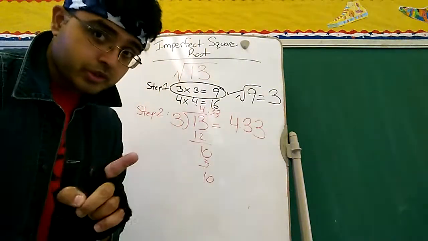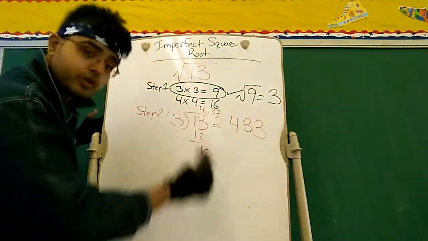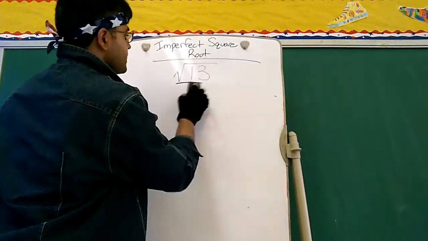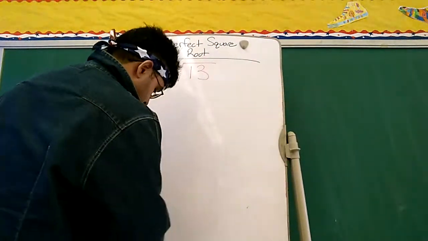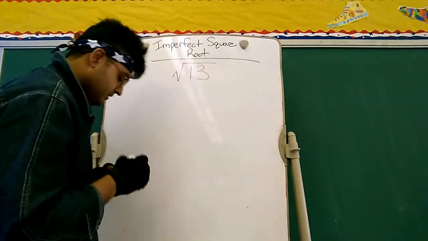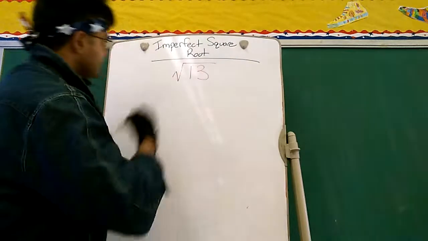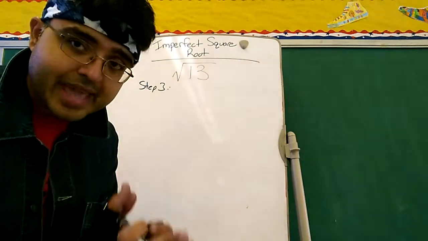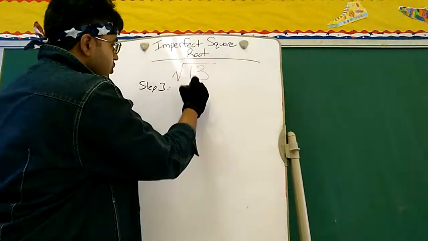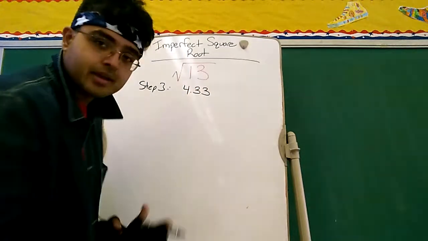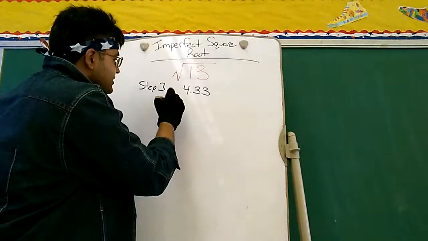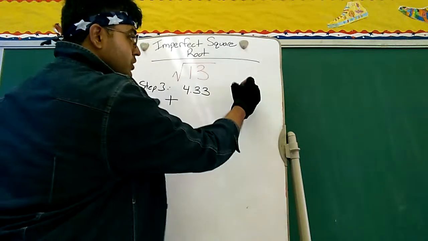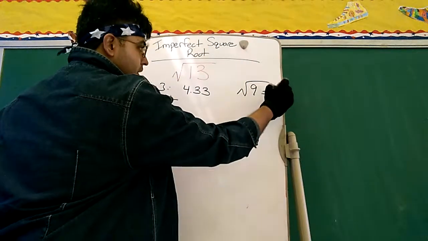We have this answer, we're going to use it now in step number 3. I'm going to erase this off and do step number 3 right over here. So 4.33 is our answer. In step 3, we're going to take the answer from step number 2, which was 4.33, and I'm going to add it to the perfect square root, which was the square root of 9, which is 3.